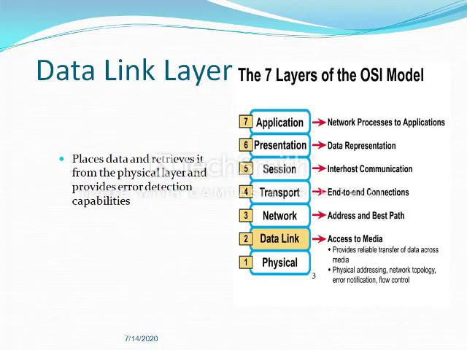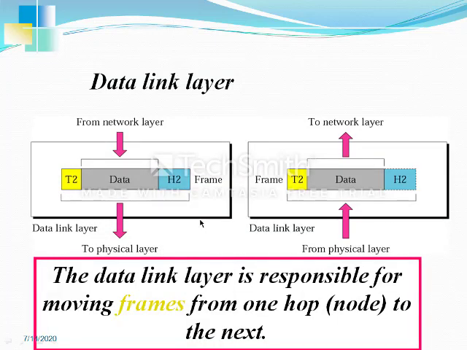Say data link layer. What are the functions of the data link layer? Places data on and retrieves it from the physical layer, and provides error correction and detection capability. Again, from the network layer, data will be linked to headers and passed to the physical layer.